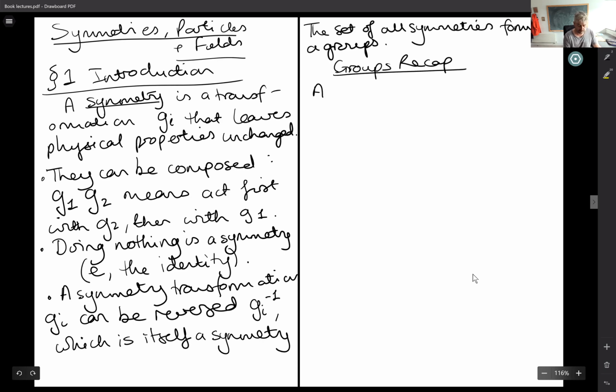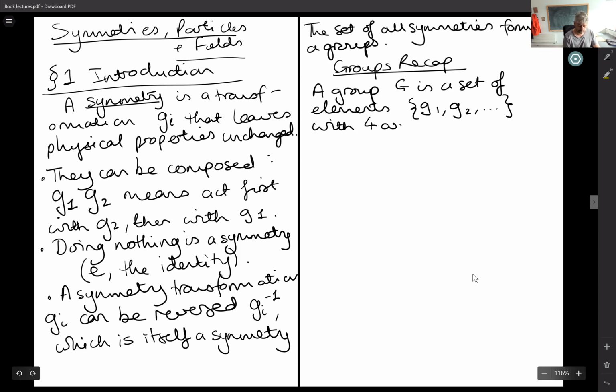So a group, big G, is a set of elements. These elements are going to be our symmetries, so g_1, g_2, etc., with 4 axioms. Firstly, there's a composition rule. So this is a binary operation.